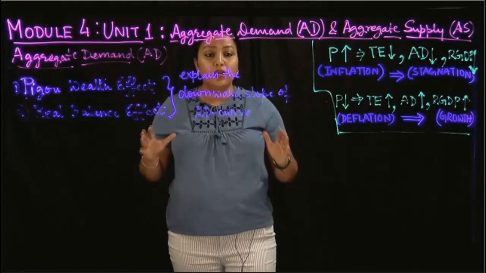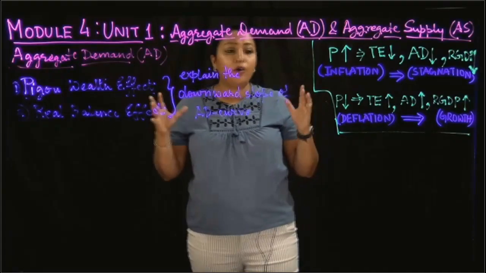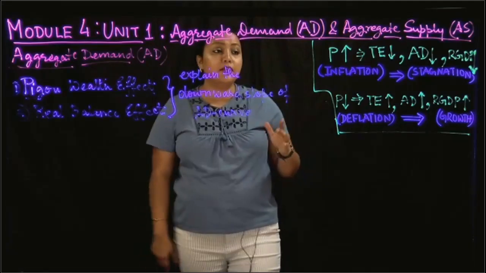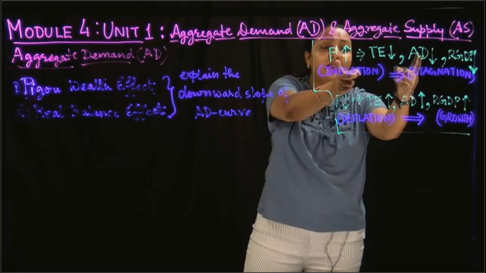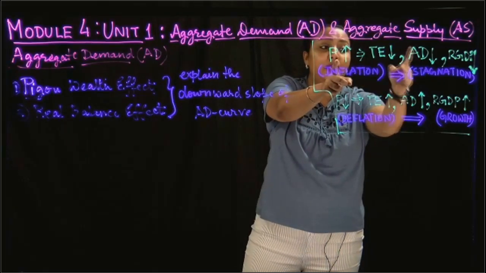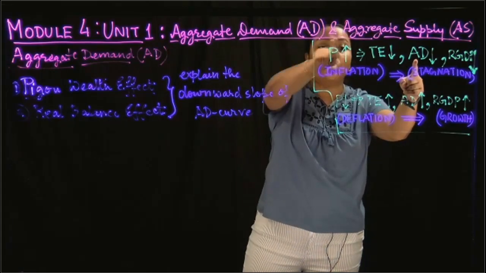Now please note that these are all talking about, by these I mean the wealth effect and the real balance effect, a relationship between the price index and the aggregate demand. So they are talking about the relationship between aggregate demand and the variable that is measured on the y-axis.